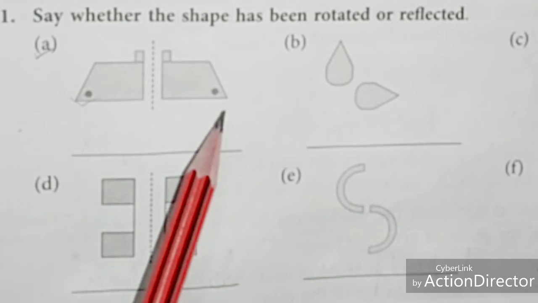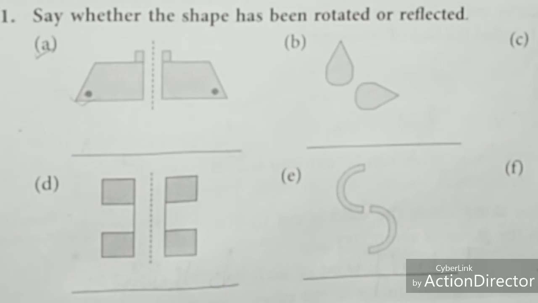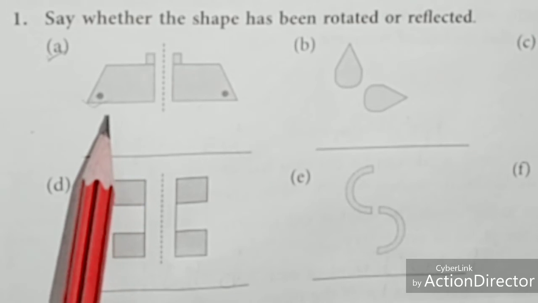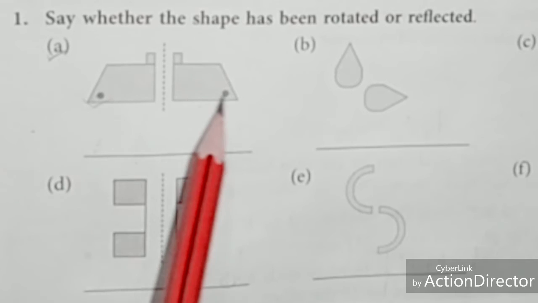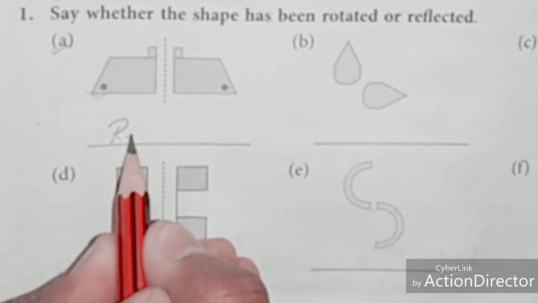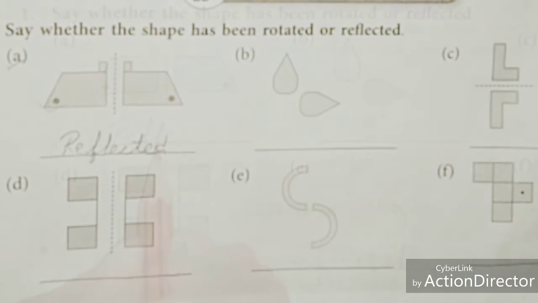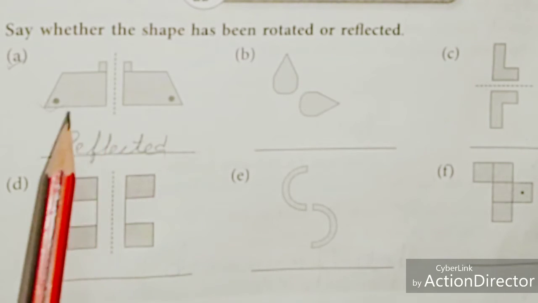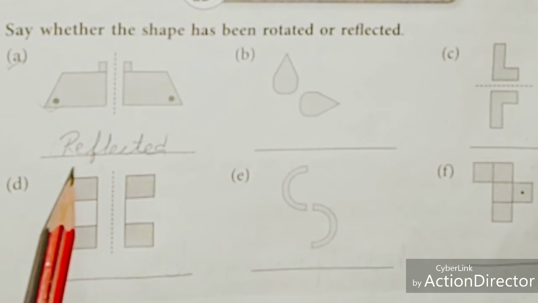So this shifting is part of reflection, and it's also a reverse image of the first image. So we say that this shape is reflected.